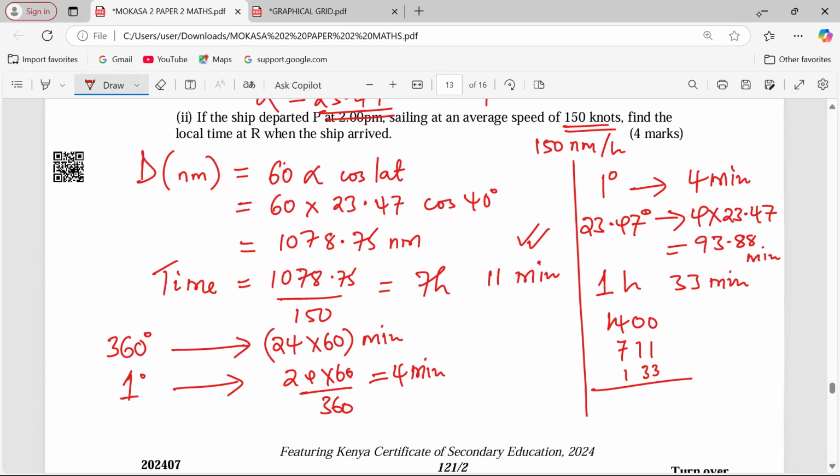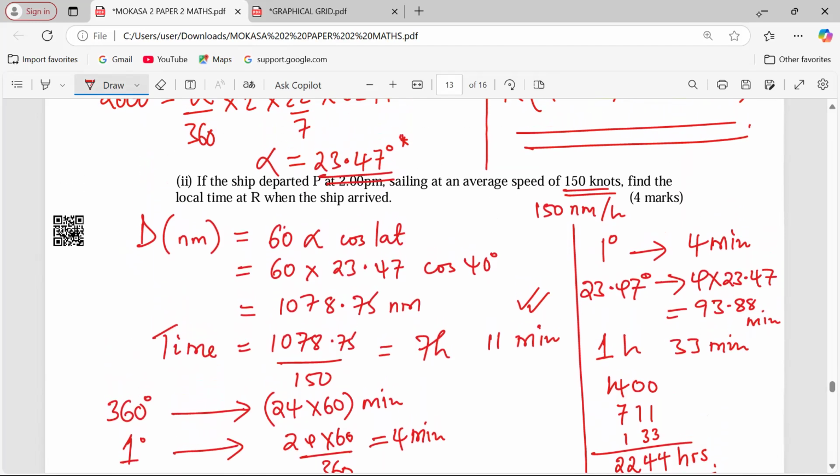If it was to the west, we would have subtracted, because places in the west are behind in time. 11 minutes plus 33 gives us 44 minutes. Then we are having 14 plus 7 plus 1. That's 22. 22:44 hours will be the arrival time at place R.